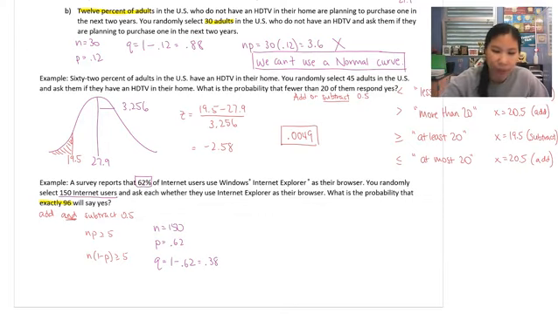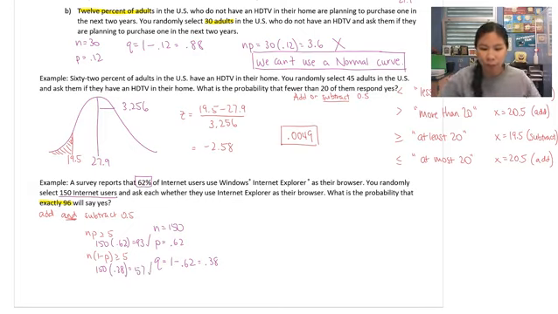Okay, so from here, when we check our n times p, 150 times 0.62 ends up being 93, which is way bigger than 5. Great. And then n times (1 minus p), so 150 times 0.38, is going to be 57, which is also greater than 5. So good. We know this is going to be a normal curve.